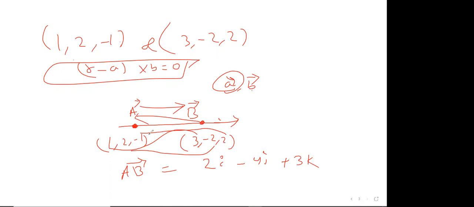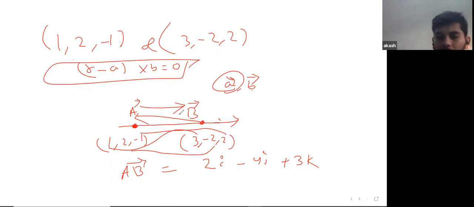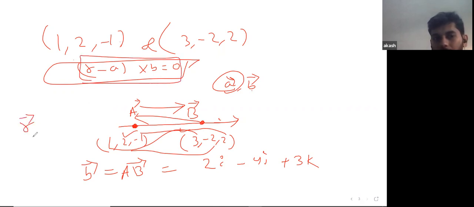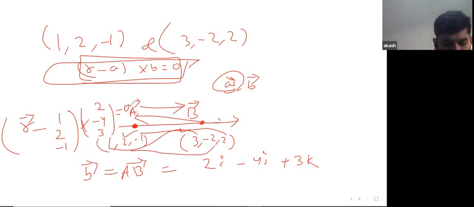So this line is parallel to the given line we have to find, so this is the B vector, and we already have the A vector. You can take either point as the A vector. Now put this in this format: R minus A vector, written in matrix form, 1, 2, -1, cross the B vector, 2, -4, 3. This is your answer. Very easy.